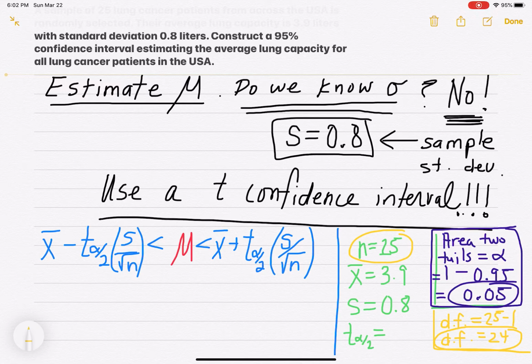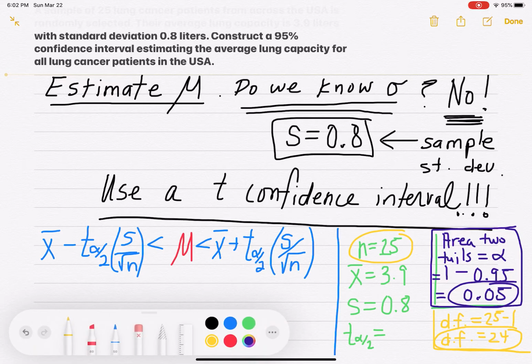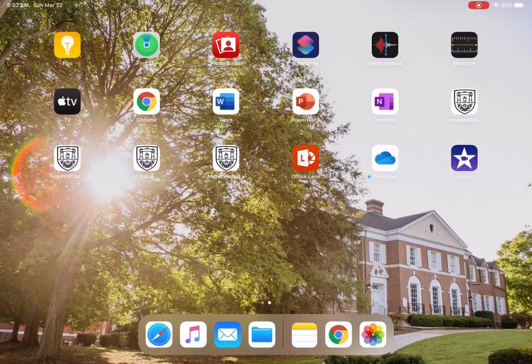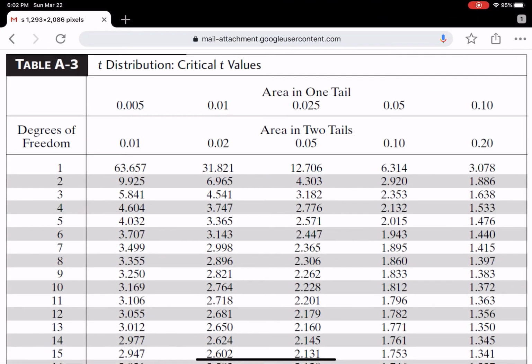So now I'm going to have to go to my T table to find this T alpha over 2 number, this critical number. I look up area in 2 tails is 0.05, degrees of freedom is 24, so let's see if we can find that. Area in 2 tails is 0.05. That is the third column in the middle.